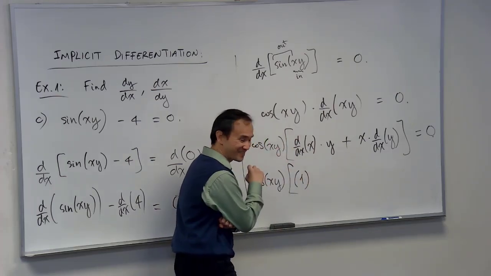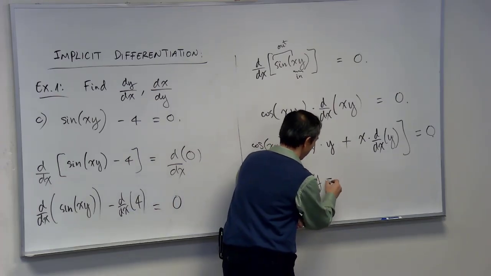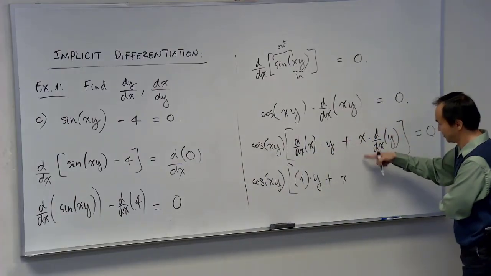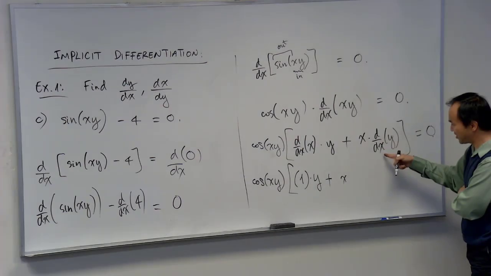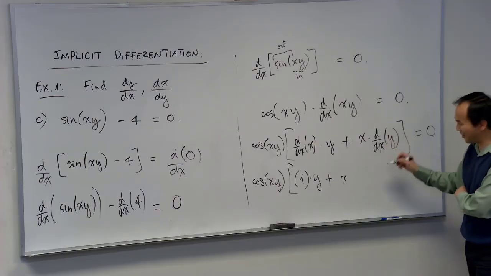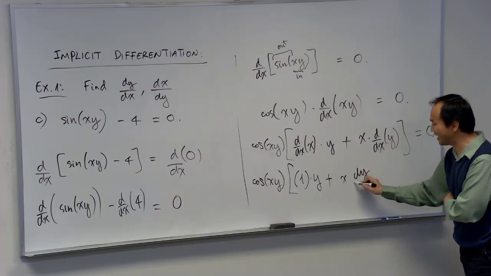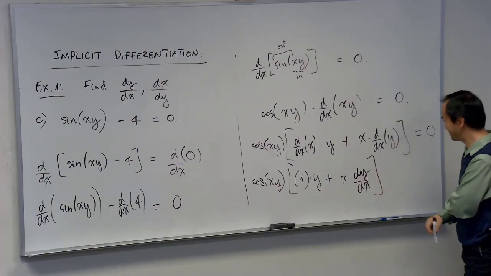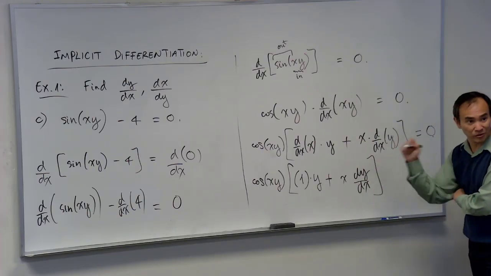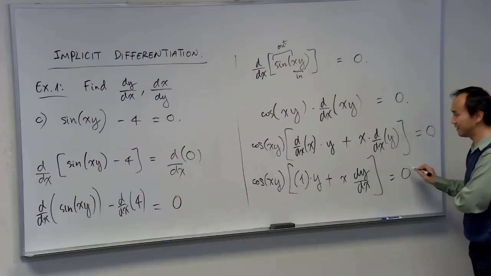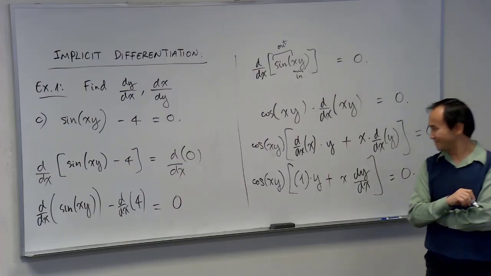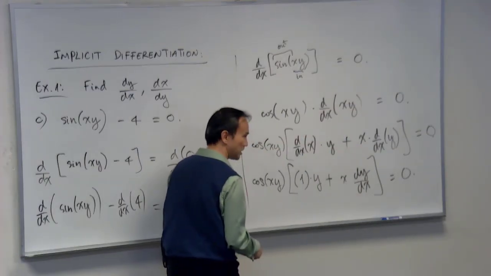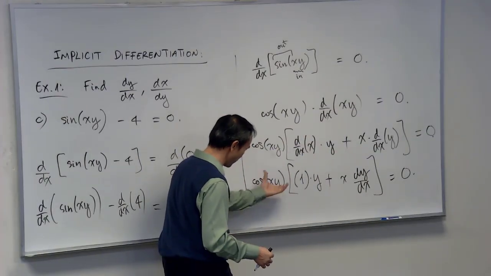Easy enough. 1 times y plus the x here was not differentiated. Differentiating with respect to x on that implicit function gives me nothing but just what? The dy/dx, the famous dy/dx. You guys following? Because we don't know what it is, so we leave that implicit. Equals 0. And so now we got it grouped in brackets, with the cosine as a common factor.